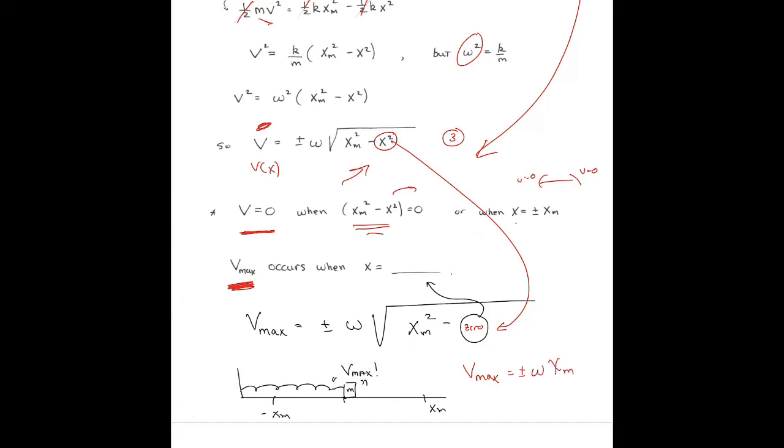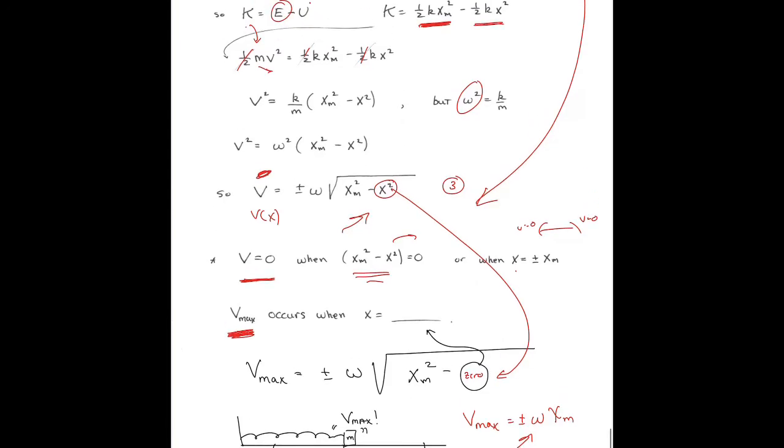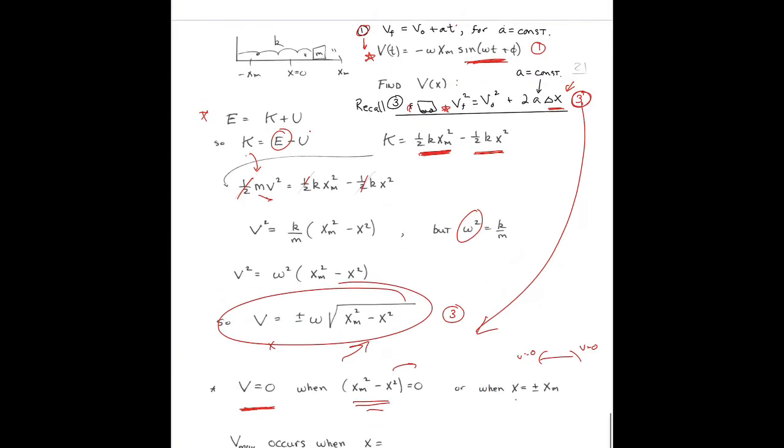So v max occurs when x is equal to 0. And you know at x equals 0, v max is plus or minus omega x max. All right, so this expression comes in handy because it allows you to find how fast something's going without first solving for the time it takes to get to that point.